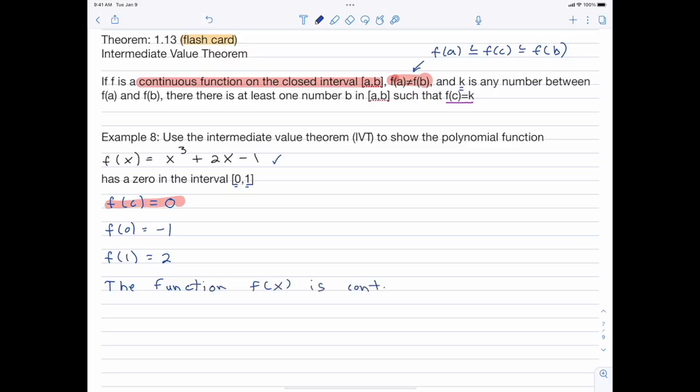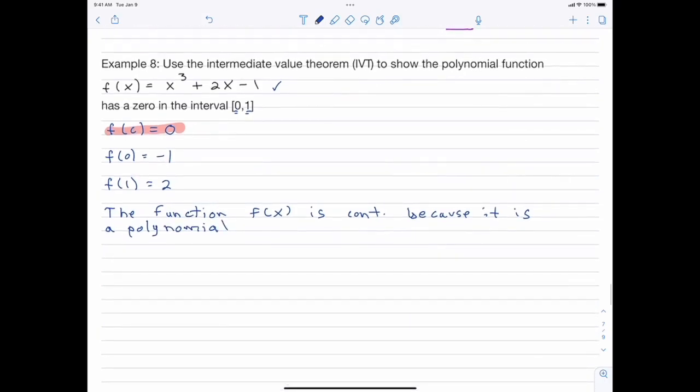How do I know it's continuous? Because it's a polynomial. I'll just write it. So the function f of x is continuous because it's a polynomial.